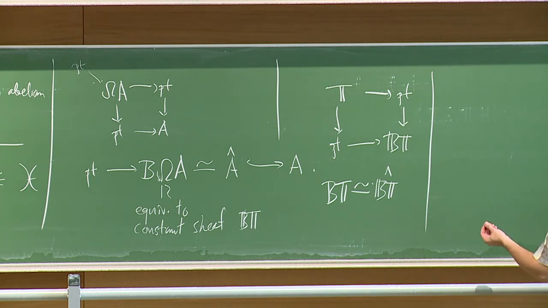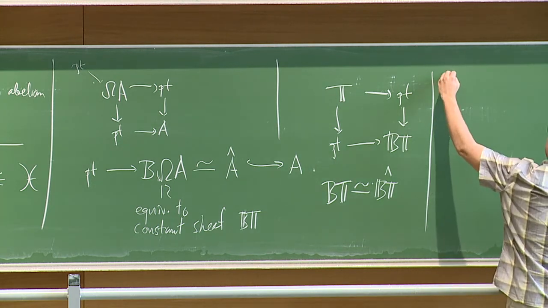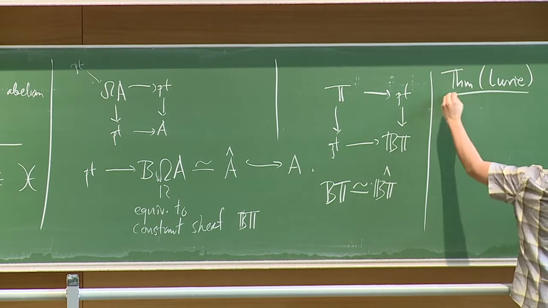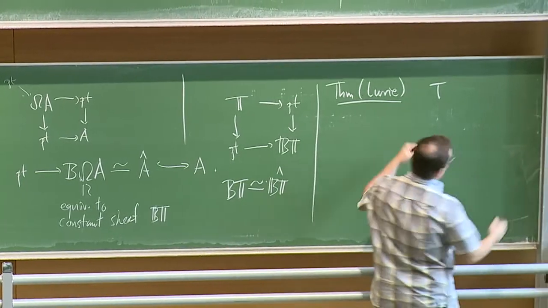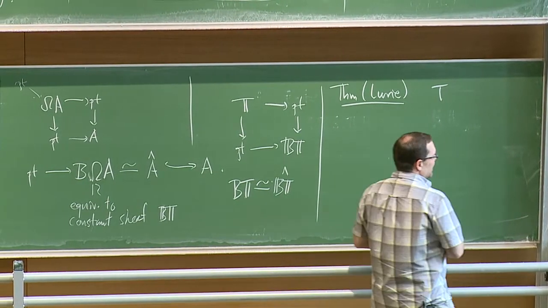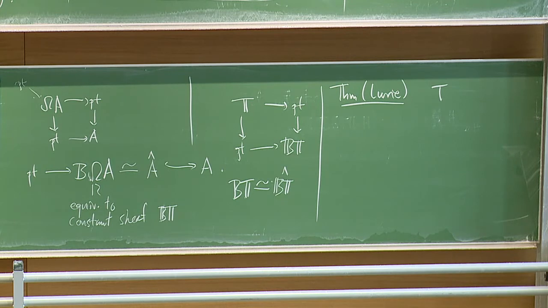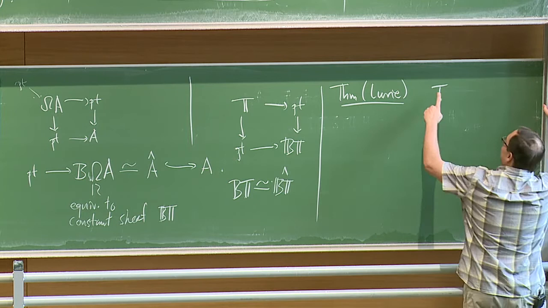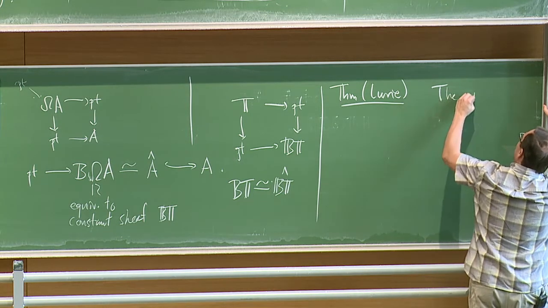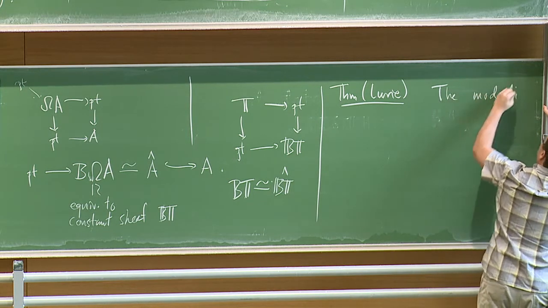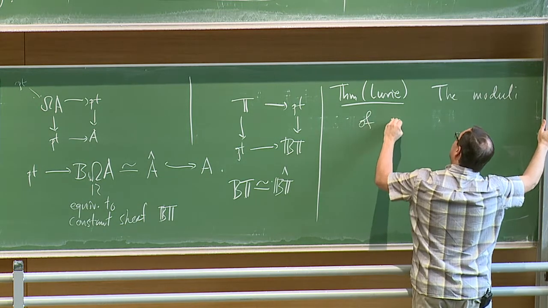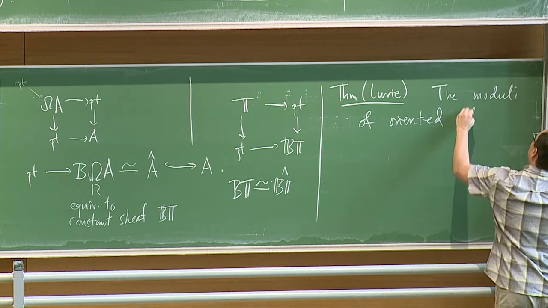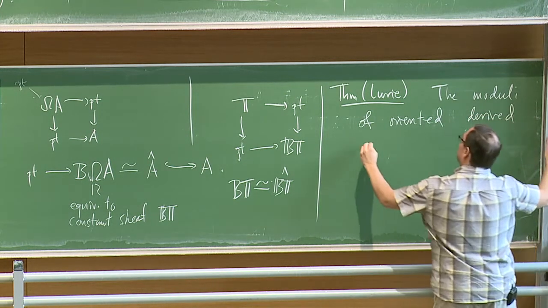So a theorem of Lurie then says that, and let me say that this was inspired by a comment of Vitsozi, that one could consider derived elliptic curves. A theorem of Lurie is that the moduli of oriented, and I mean oriented exactly in this way, derived elliptic curves.